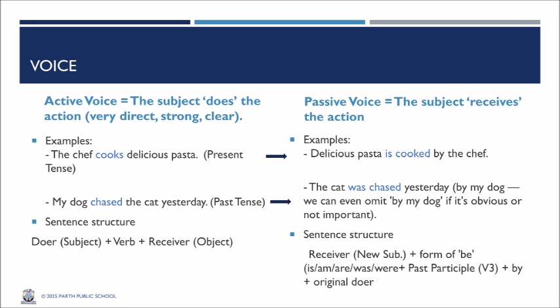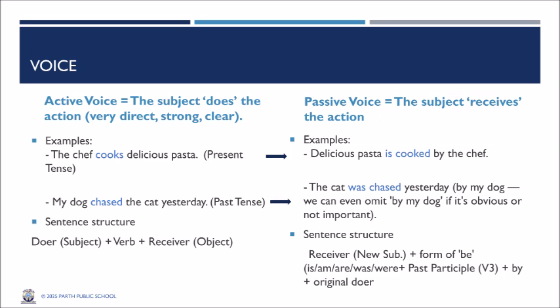Let's try one more sentence. My dog chased the cat yesterday. The sentence is from past tense, clearly visible. So if we change the voice in the sentence, it will be: the cat was chased yesterday by my dog.